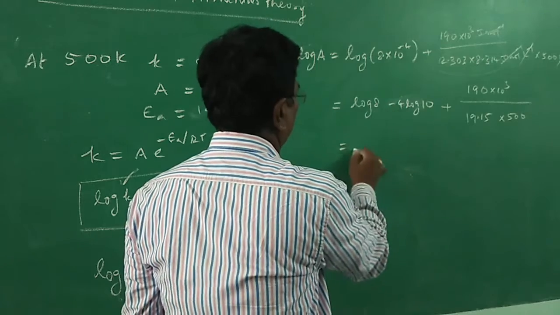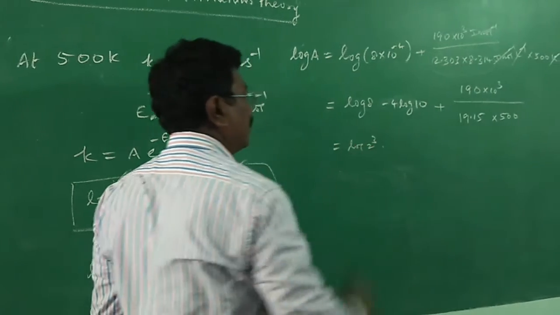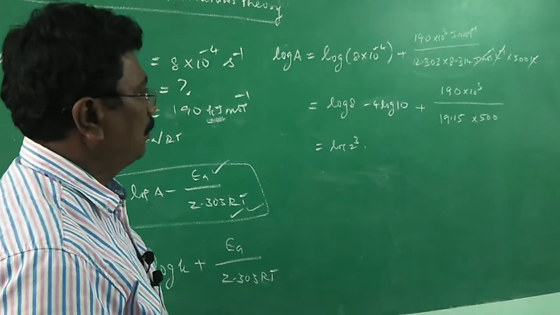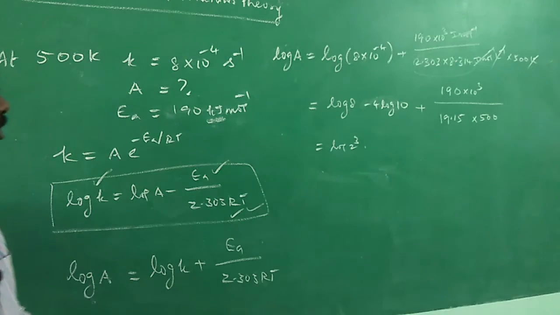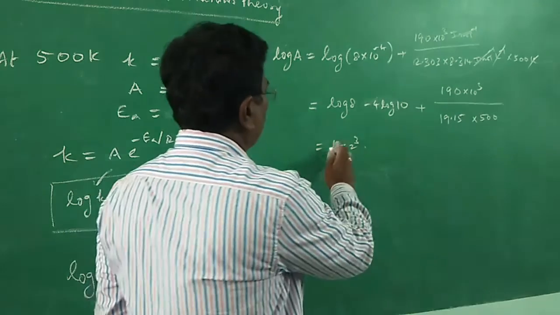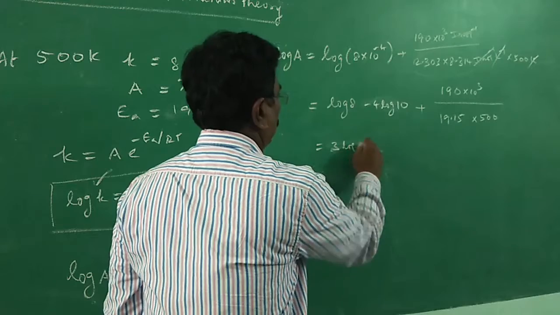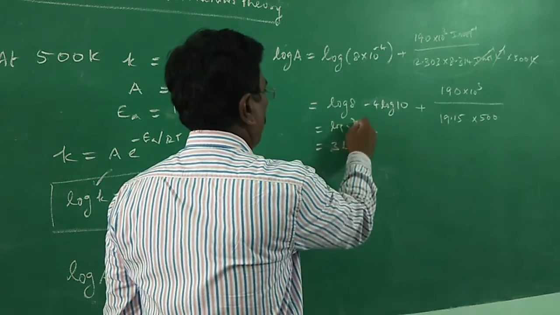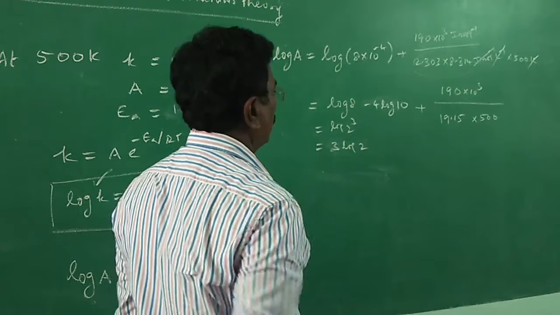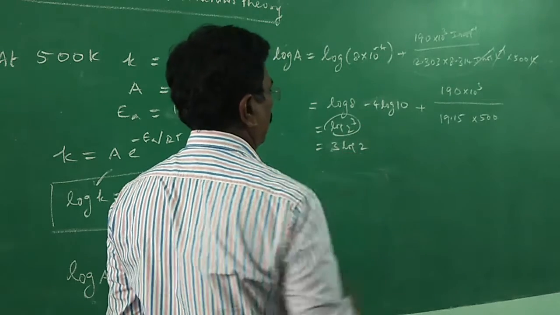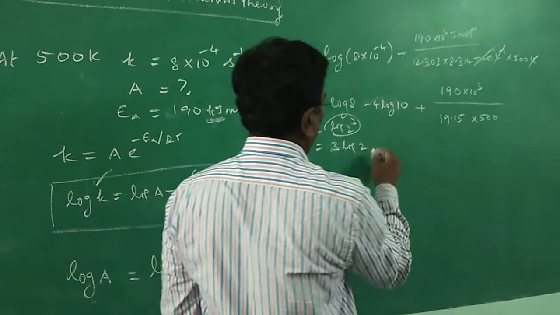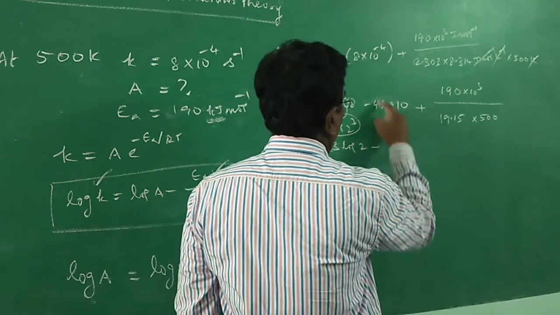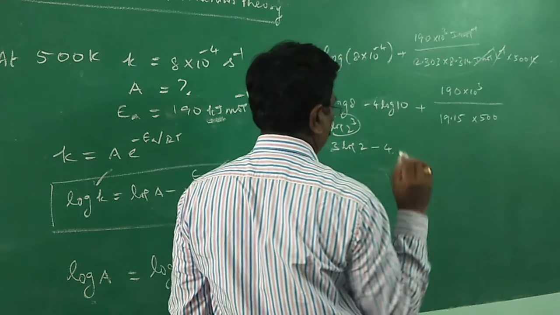Log 8 is nothing but log 2 power 3. Am I correct? 2 power 3 is equal to 8: 2 into 2, 4; 4 into 2, 8. Log 2 power 3 is nothing but 3 log 2. Log 10 is 1.